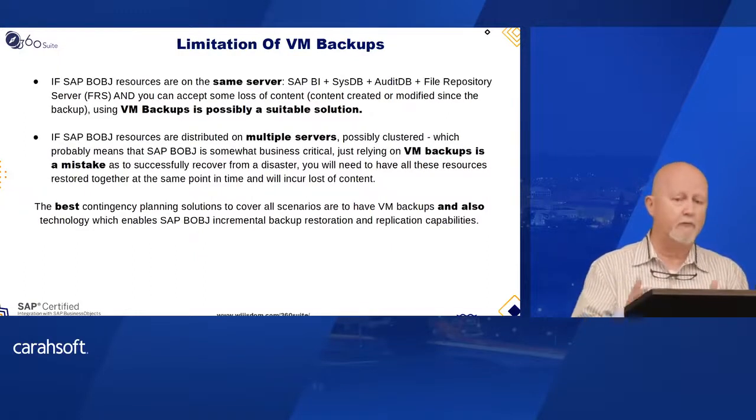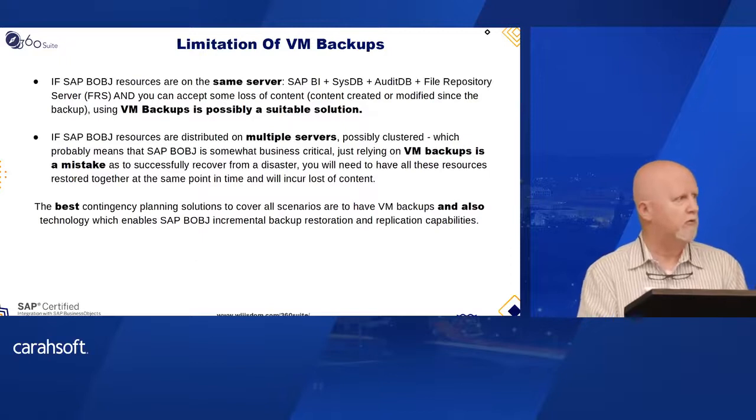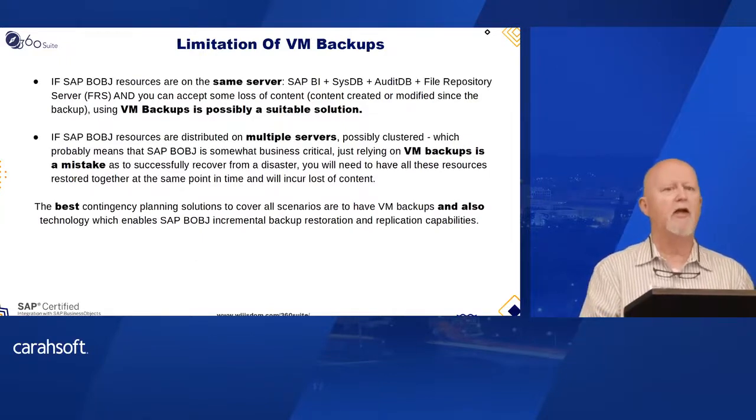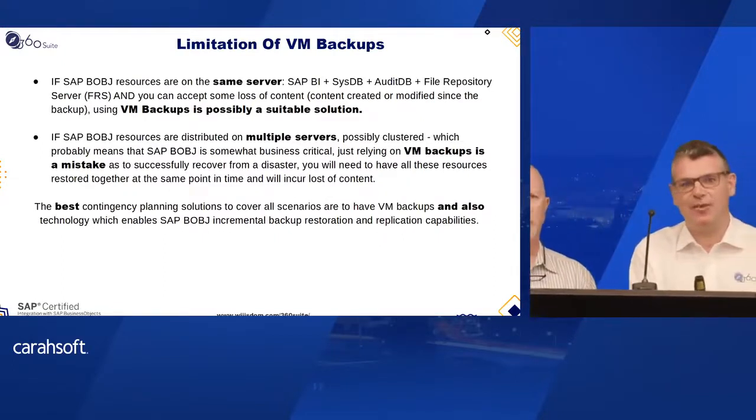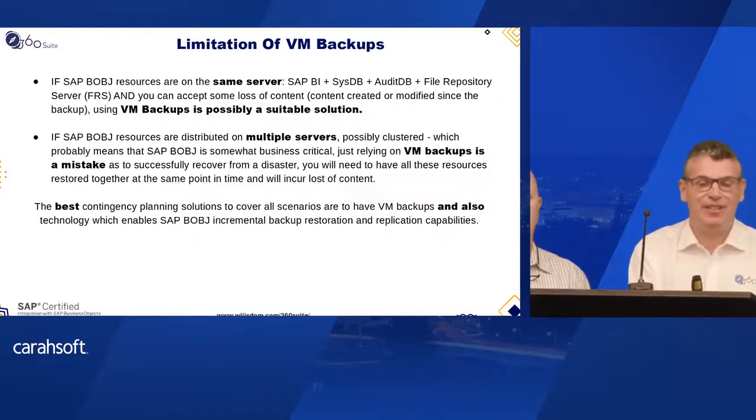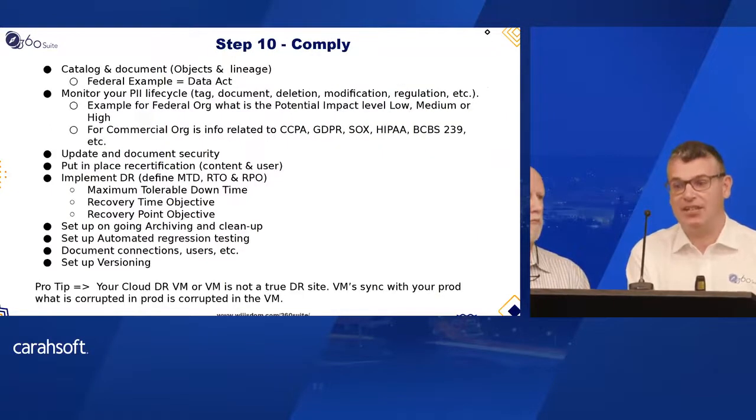If you need to restore a folder or individual objects, that doesn't help you at all. And if you're on the cloud, you've got an A and a B site, that's very common, in different zones, hopefully. Your B site is typically acting as a VM. So if your A site is corrupted, your B site is corrupted, which means that you will not be able to recover. So you will have some issues unless you have an incremental backup. That will be a challenge.